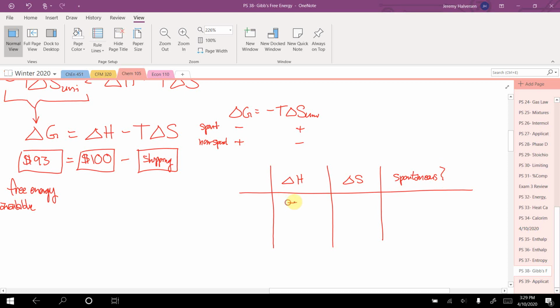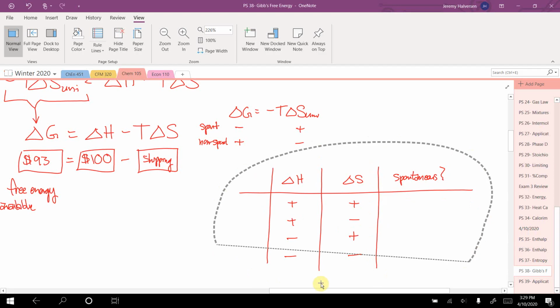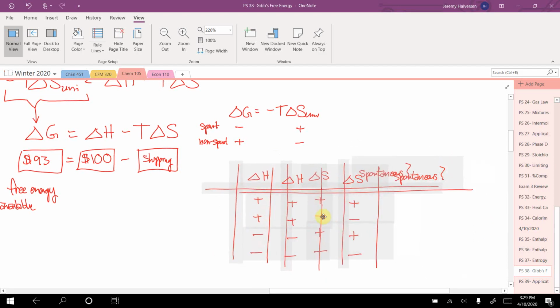Okay, so let's say we have kind of 4 scenarios. We're going to see when each of these scenarios produces a spontaneous process. And we'll be able to see how temperature affects this.